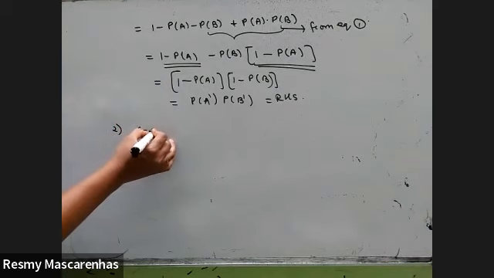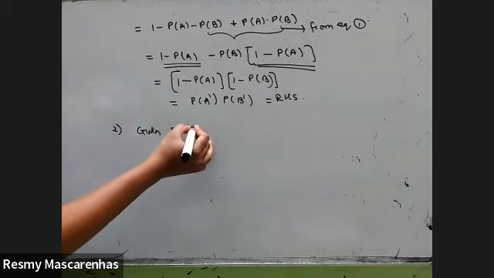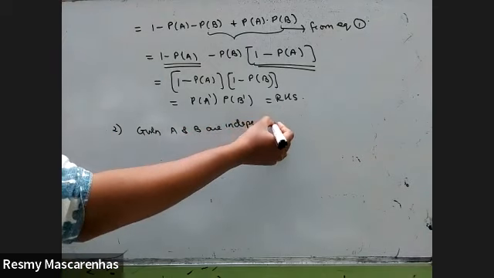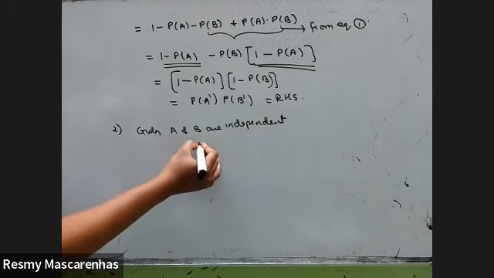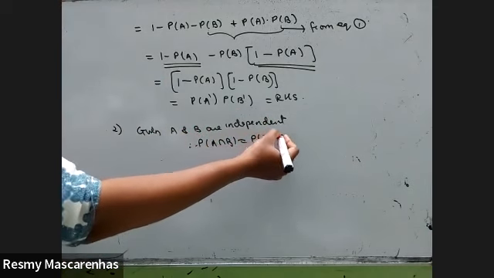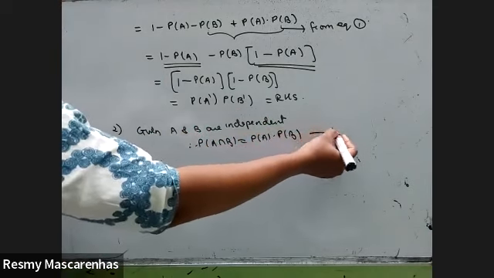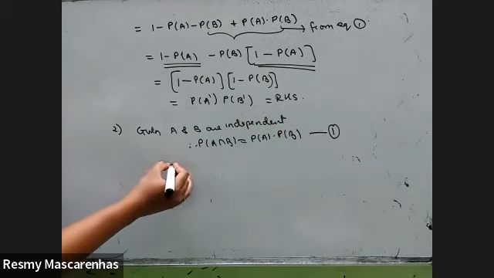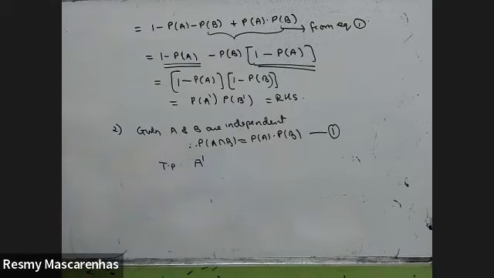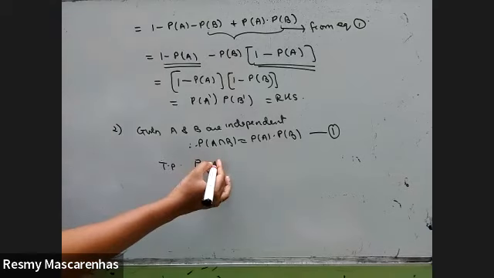Again, same thing. Given A and B are independent. Therefore, P of A intersection B will be P of A into P of B. So mark it equation 1. Now what is that? To prove A and B dash are independent.